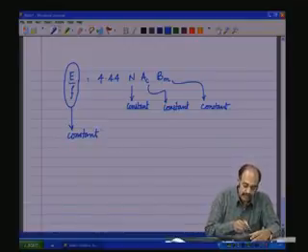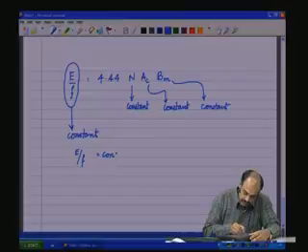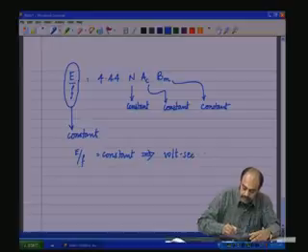This voltage by F, E by F, being a constant also implies that volt second is a constant.